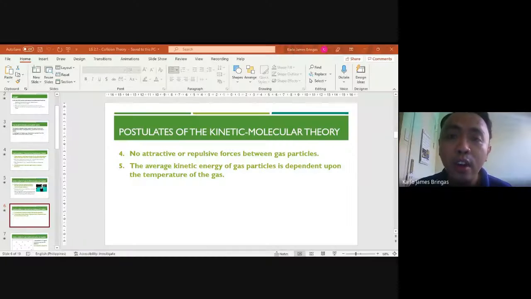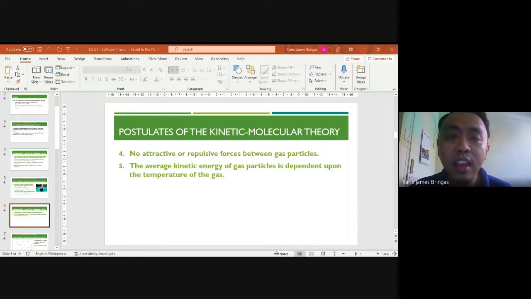So in our day-to-day experience, we have ways to measure the temperature, either by using a thermometer or just by using our senses, or maybe some other type of device. However, if you go down to the molecular level, obviously we don't have a thermometer na kasing laki lang naman ng gas particles.